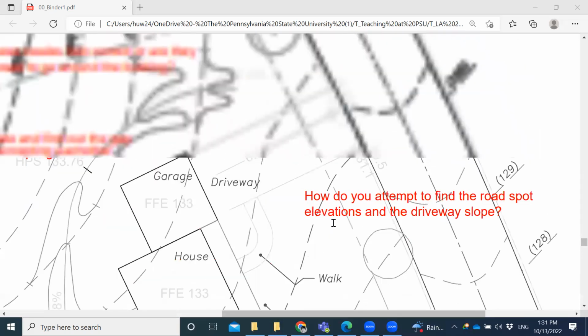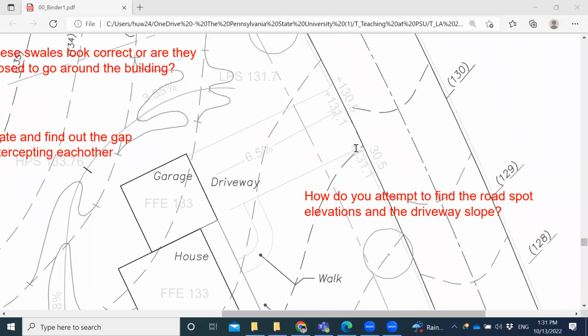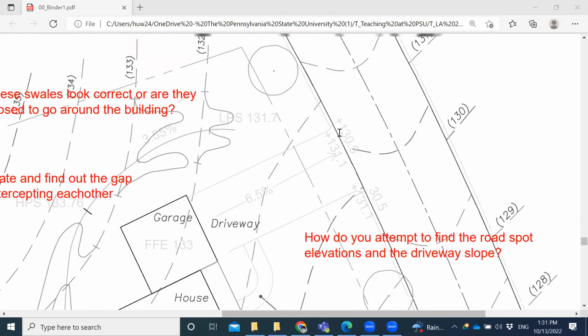So overall, we designed for 6.5% slope. We have 130.5 here. I'm not sure where the 131.1 here comes from. So that seems off. Those two spots need to be determined by the contour here.